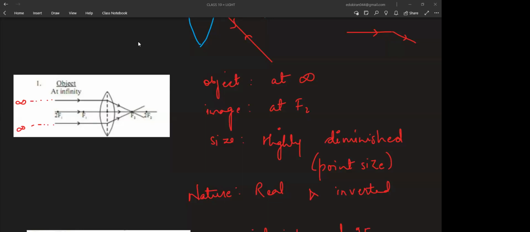Can you scroll down? Written this part, Zoha? Yeah, I wrote it.